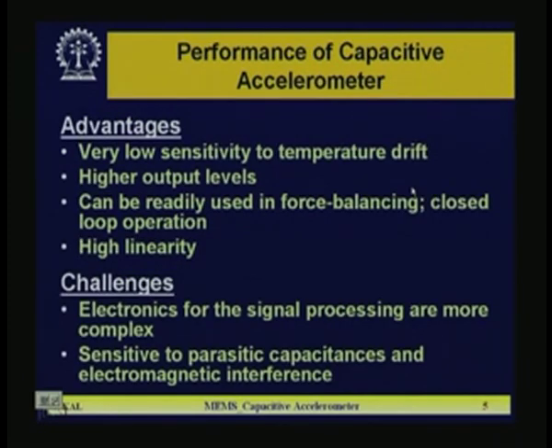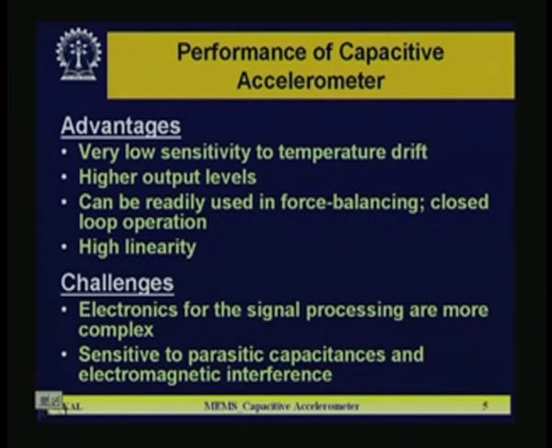Now, the advantages of such a structure are manifold, such as very low sensitivity to temperature drift, which is the basic property of the capacitive accelerometer, and higher output levels. It can be readily used in force balancing.